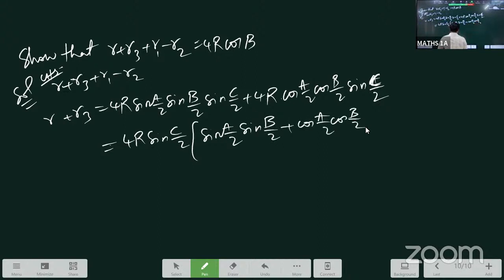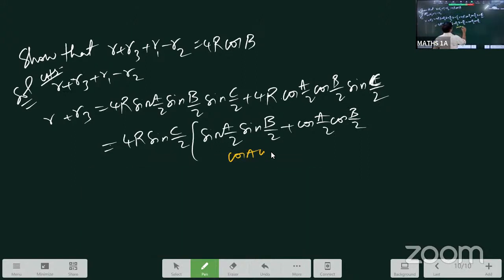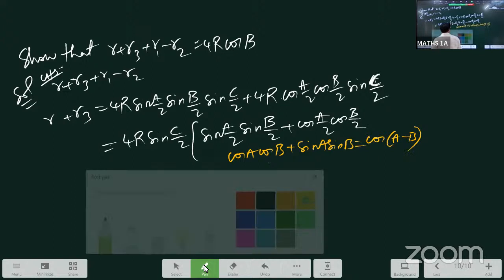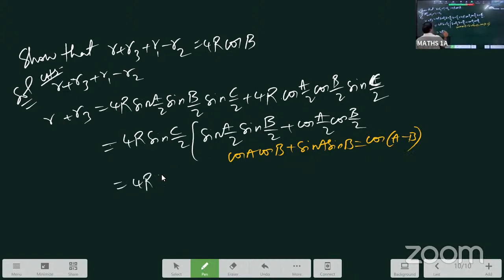What formula does it look like? cos A cos B plus sin A sin B, cos of A minus B. That is nothing but 4R sin C by 2 into cos of A by 2 minus B by 2. Keep it like that.